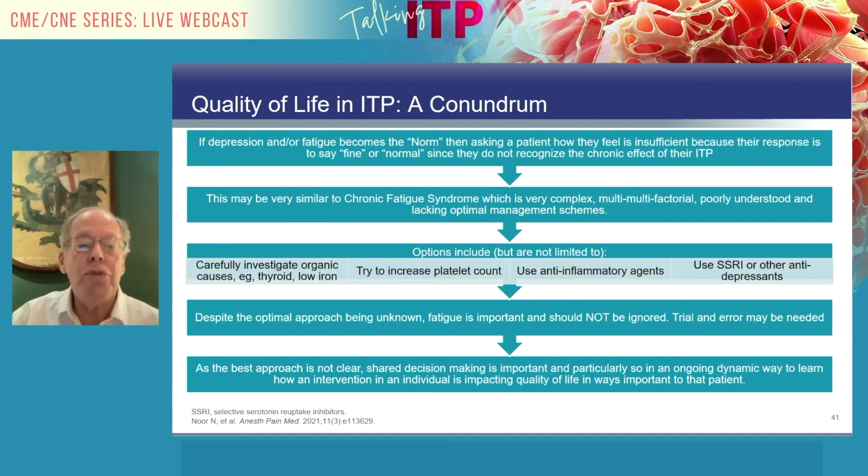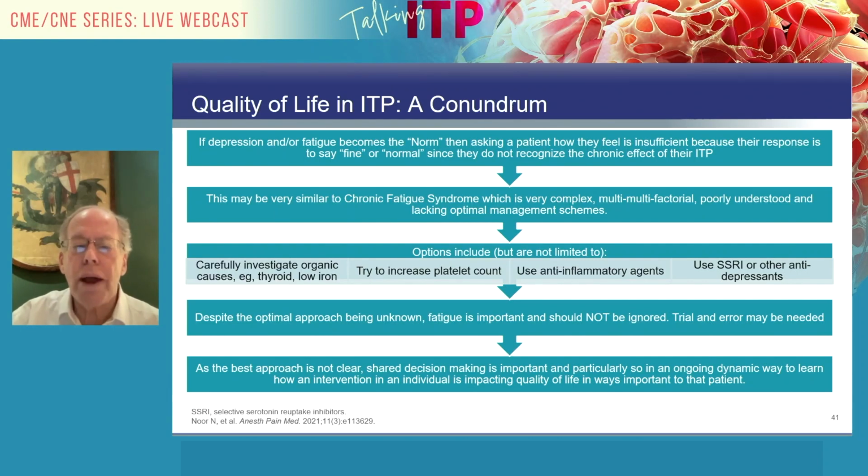It's important to investigate organic causes in the beginning. And I put up some examples, and we'll come back to that in one of the cases. But you also probably want to try increasing the platelet count, seeing if you can use anti-inflammatory agents. And I think it's important to consider antidepressants, depending on what the dominant effect is.